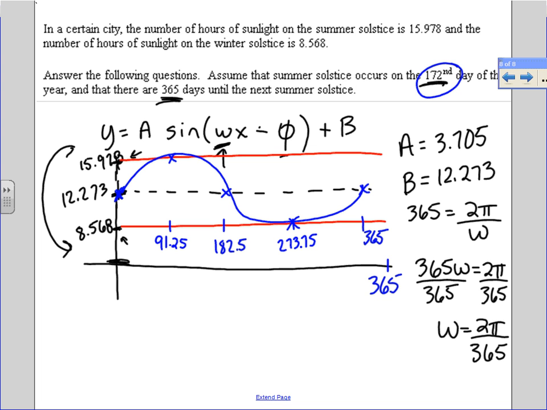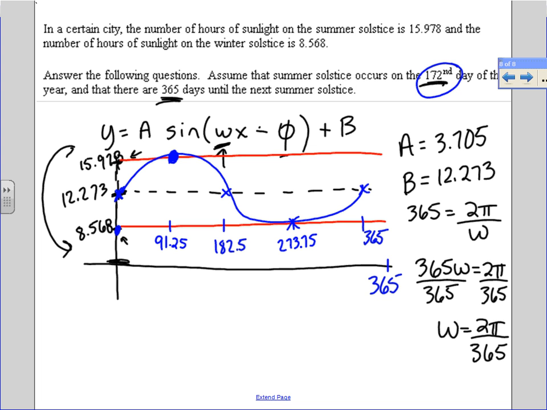If this was the first day of the year, then really the first day of the year, in January, it's kind of colder. You don't have a lot of light. So what we want to do is take this maximum point, which is at 91.25, and shift it over to 172.